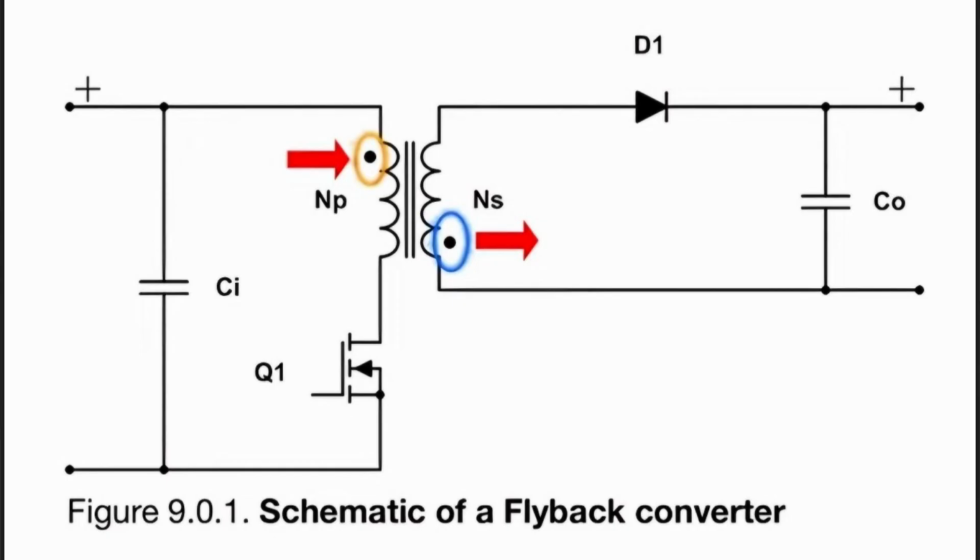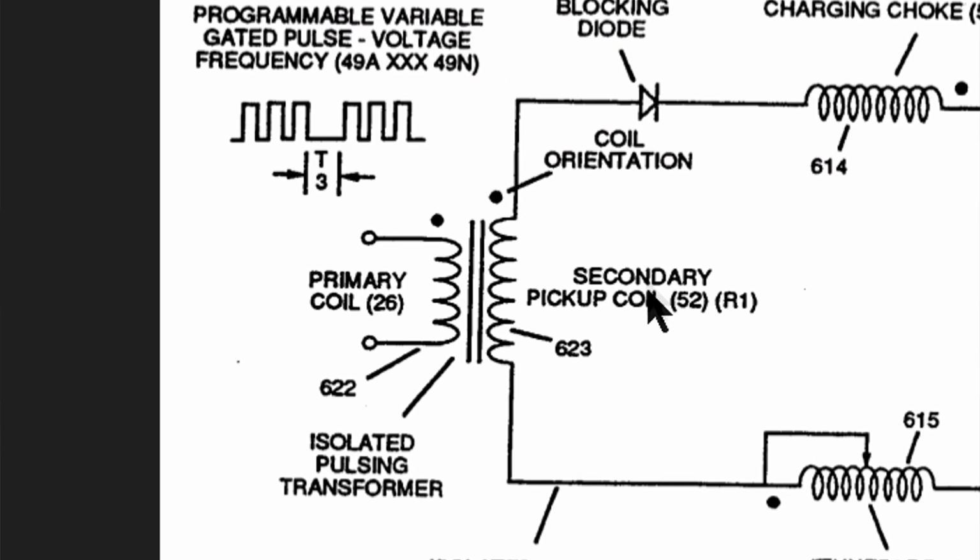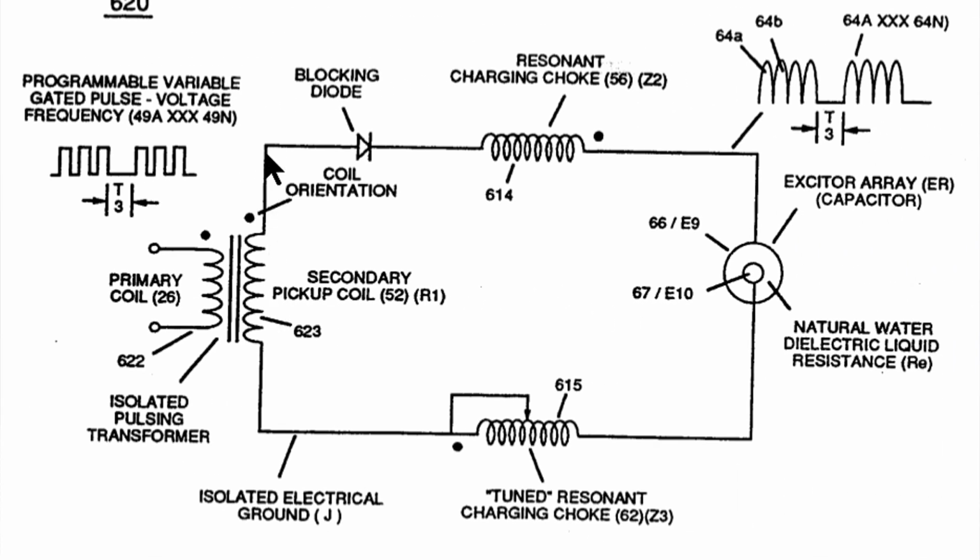Going back to our other diagram, if this is true, we see this being the north, or positive, end of this coil, and the current goes out and travels in this direction relative to that blocking diode. Per my work, I've taken this diode and essentially moved it down here, or reversed it in some fashion.